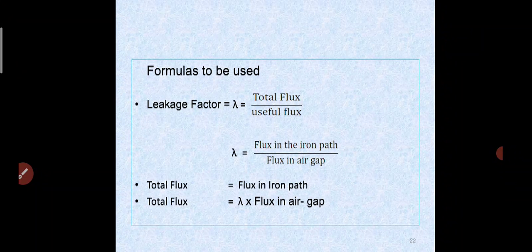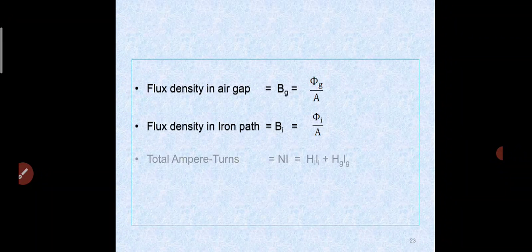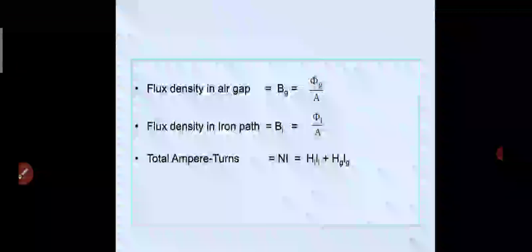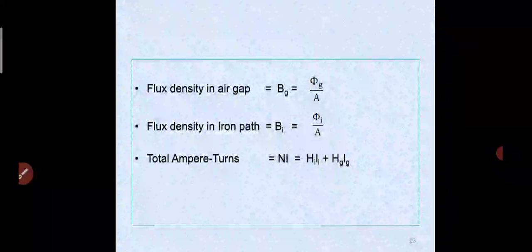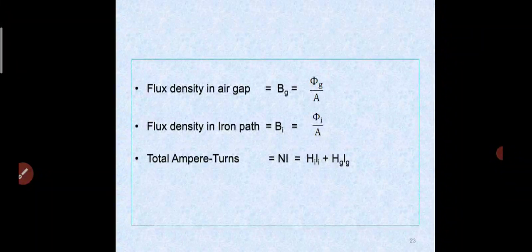Total flux is equal to leakage factor into flux in air gap. The flux density in the air gap, Bg, formula you can write as phi g by A. Flux density in iron path Bi is equal to phi i by A. The total ampere turns NI is equal to Hi Li plus Hg Lg.